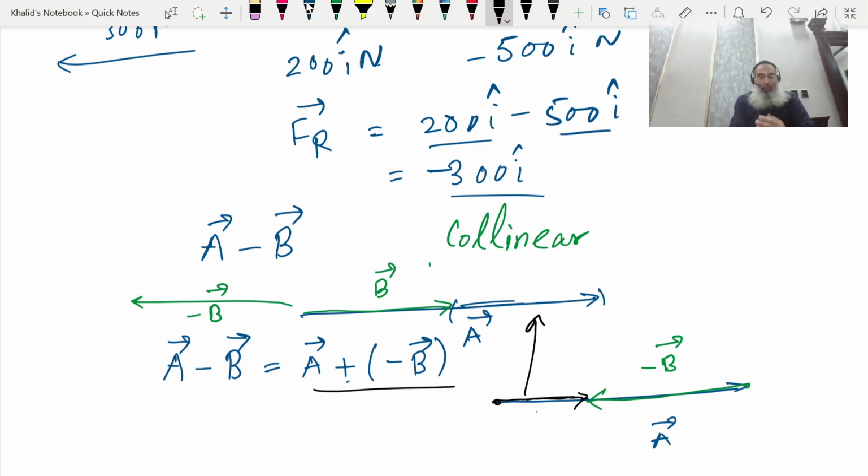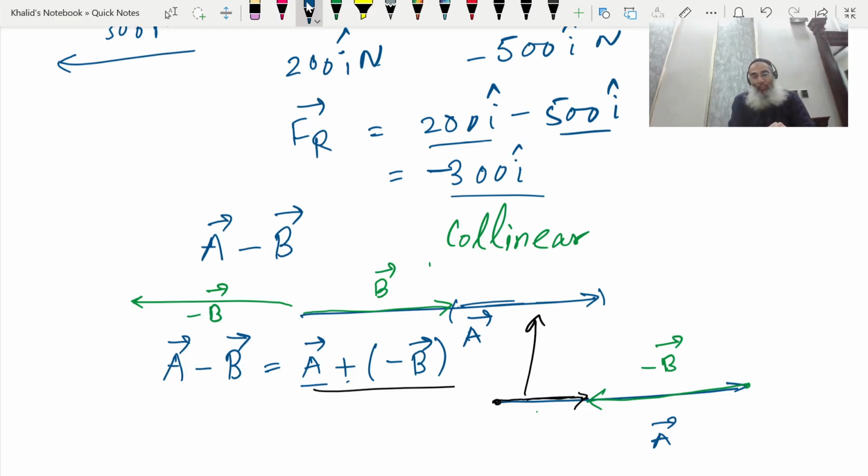Okay? So here we can comfortably write that if we are to find the difference of two vectors, we can add one vector to the negative of the other vector.